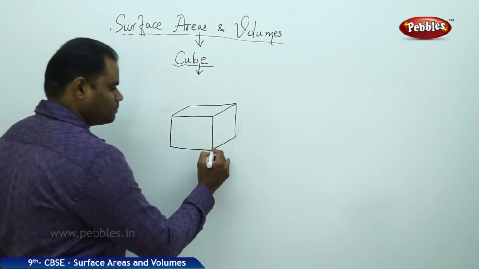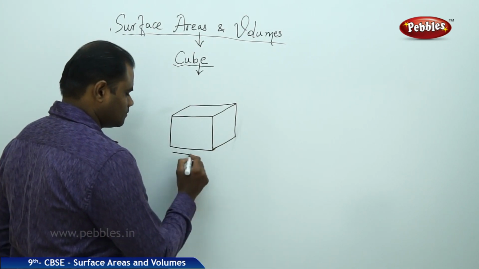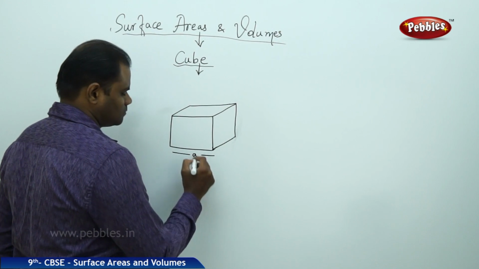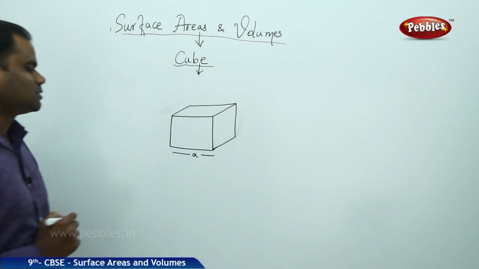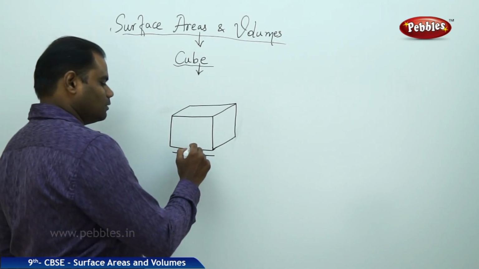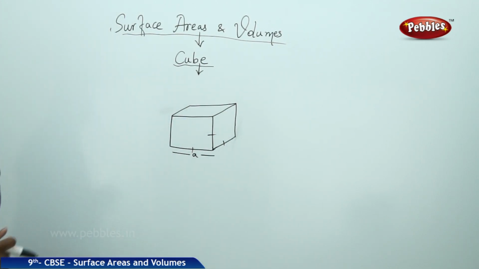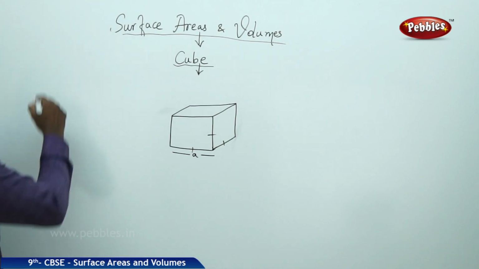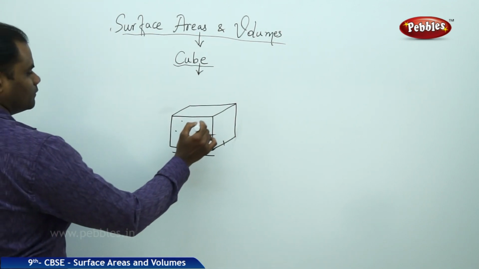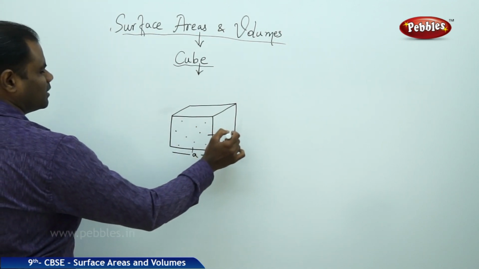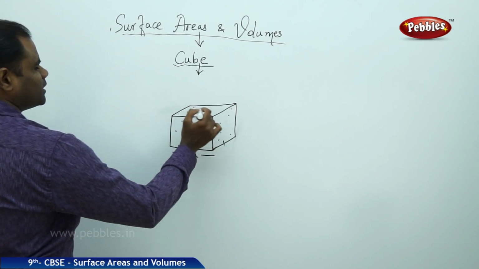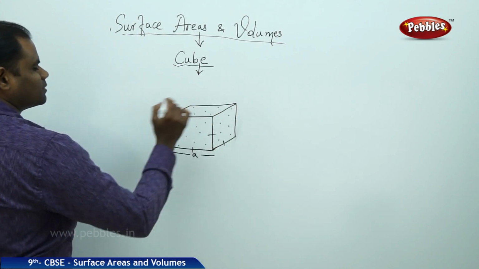And for this cube, each face is equal. Now for this cube of side A, we can find the total surface area using a formula.